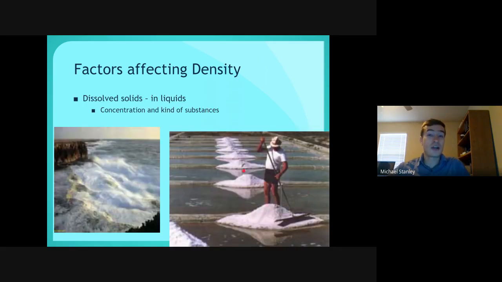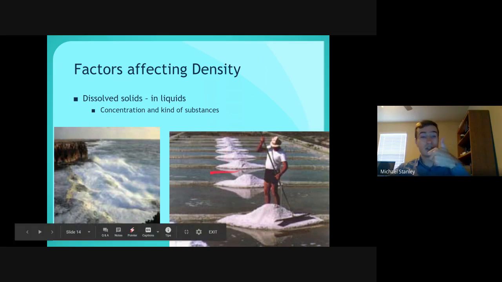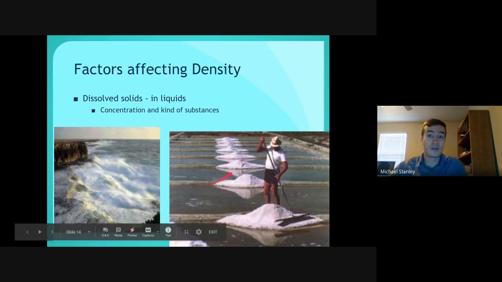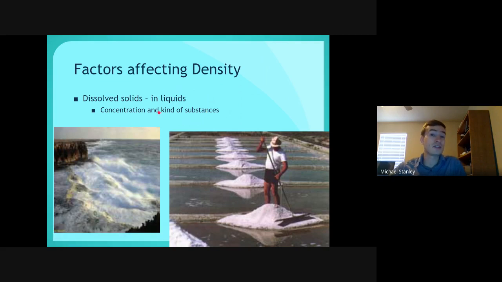And another thing I mentioned is that dissolving things in your liquid is going to increase the density. So this is all salt that's been dried out from ocean water. Because there's all this salt dissolved in ocean water, it makes the ocean water more dense than normal fresh water.